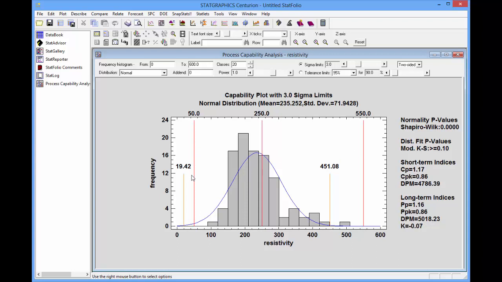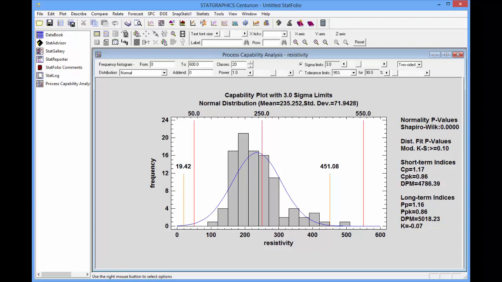That's because the plus and minus 3 sigma limits contain about 99.73% of the population. We're doing fine at the upper end, but the lower 3 sigma limit is below the lower spec.